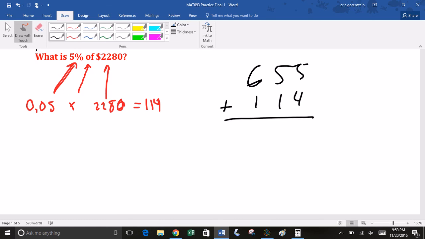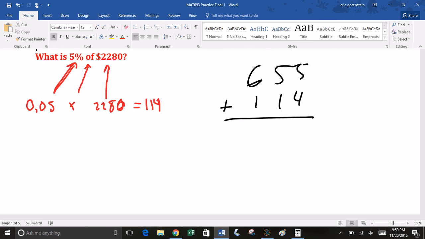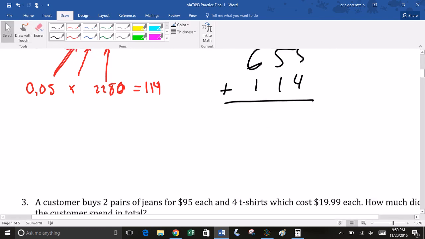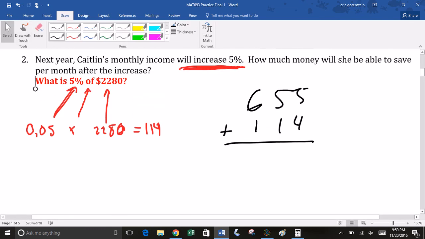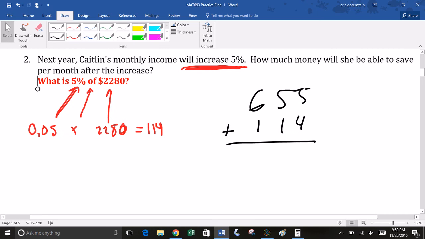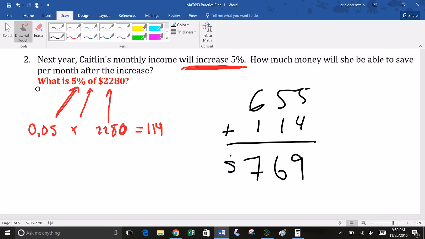So that 5% raise equates to $114 extra per month. So she was saving $655 with an additional $114. So now she's making $769 after expenses.